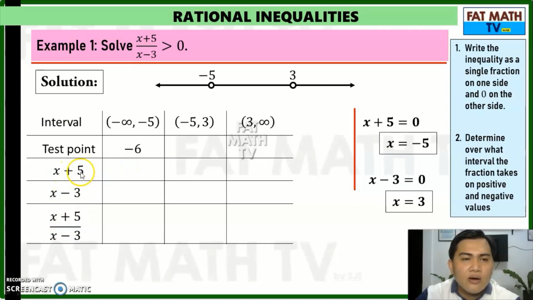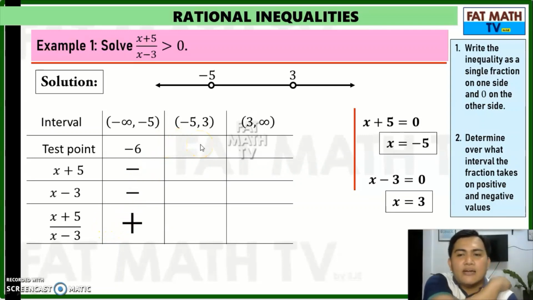If x is -6, then -6 + 5 is -1, a negative. And x - 3 is -9, also a negative. The fraction is obtained by dividing x + 5 by x - 3, and a negative divided by a negative gives a positive answer.